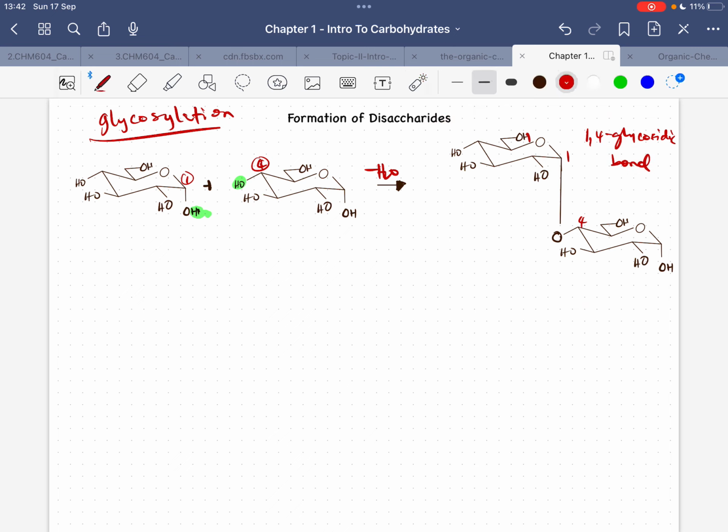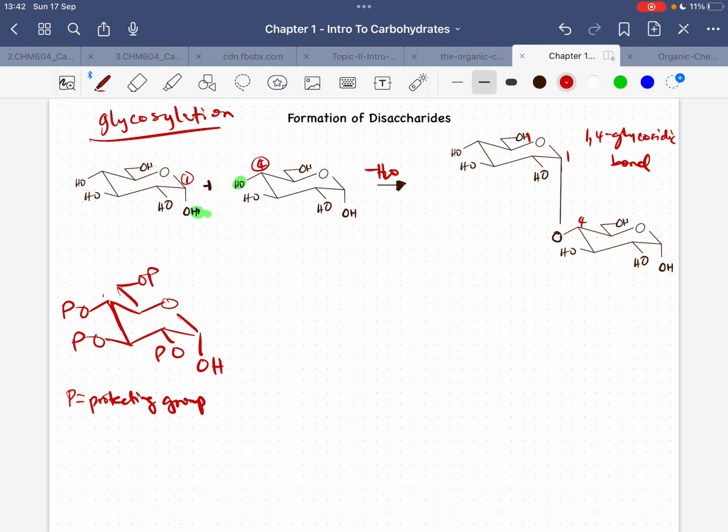easily. But in the lab, you need a protecting group. So you react it. P stands for protecting group. So this is in the lab, synthesis in the lab. So you react the anomeric OH. Okay?